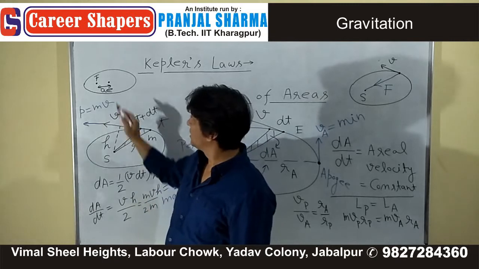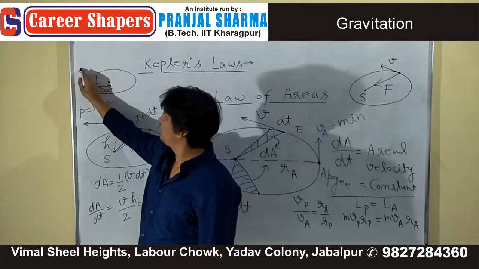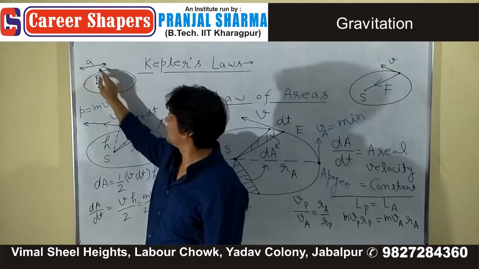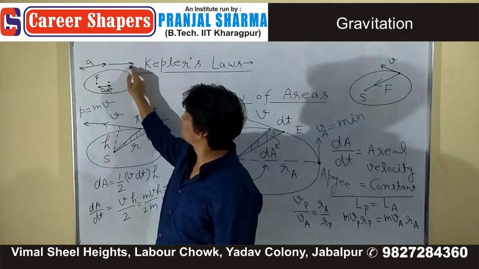This is AE, and half of the major axis is A. This half is also A.